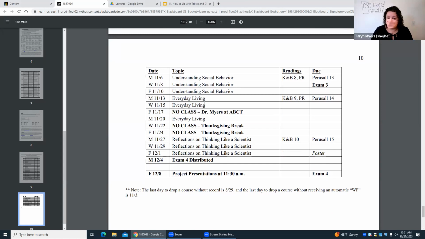After that, we'll have sort of a disjointed fourth part of the semester because there'll be a day that I'm presenting at a conference. There'll be Thanksgiving break. And then you will have our last day of class. You'll get exam 4. And then that'll be due the day you do your poster presentations, which is the following Friday.